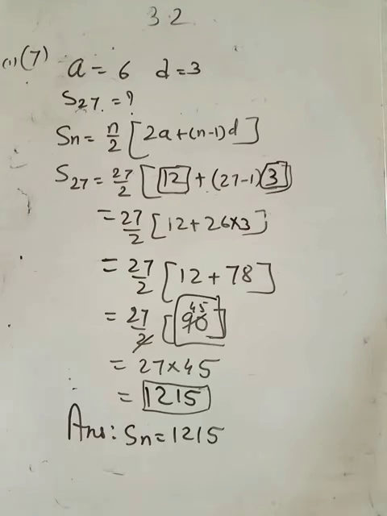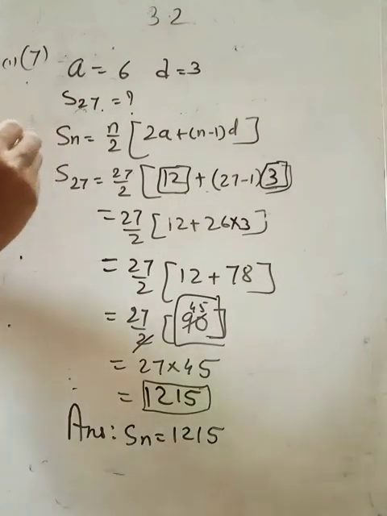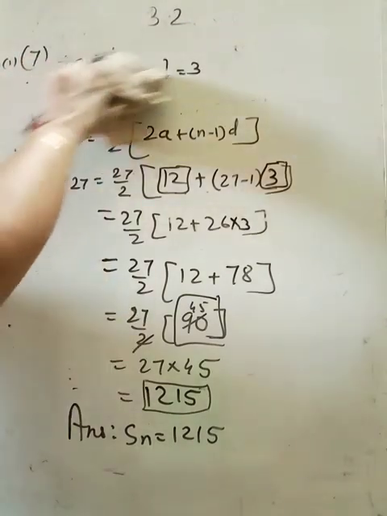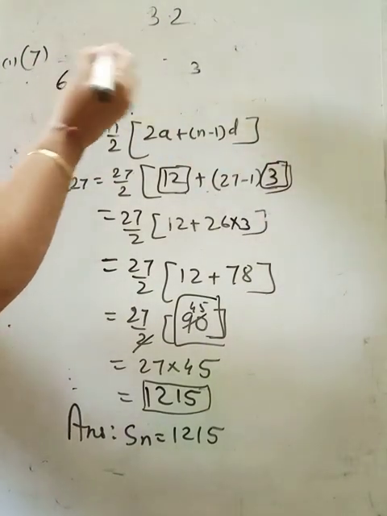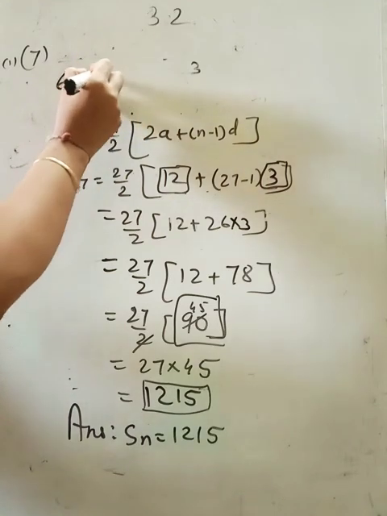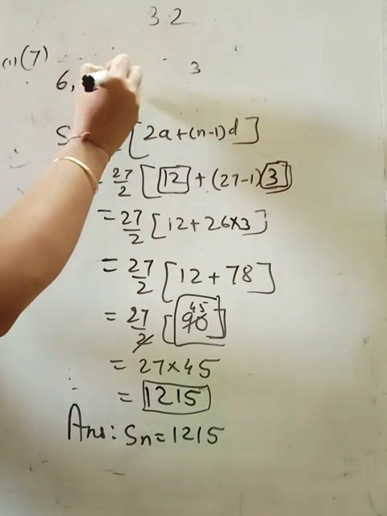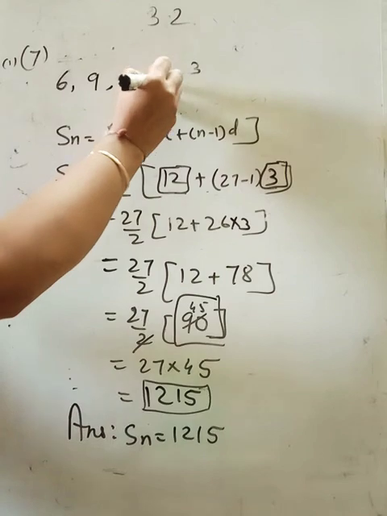Okay? So if we talk in a simple way, this is the sum of which two numbers? How you are going to get it? Let me explain it by addition. First term is 6. After 6, the common difference is 3, so after 6 you add 3, it is 9, then 12, then 15.